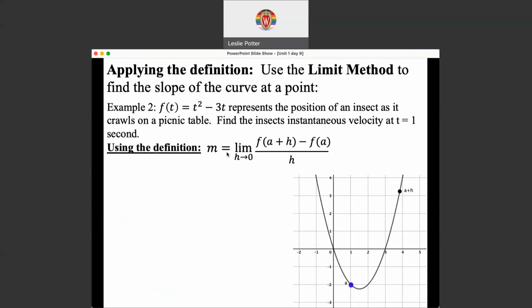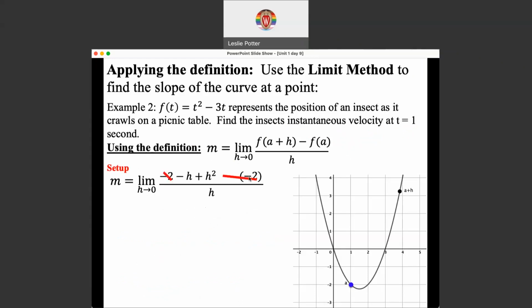All right, so let's use the definition. The definition is the slope is the limit as h approaches 0 of f of 1 plus h minus f of 1 over h. So we're setting that up. There's f of 1 plus h minus f of 1 over h. Now, the reason why I said that you will always have this repeating number is because minus a negative 2 is positive.